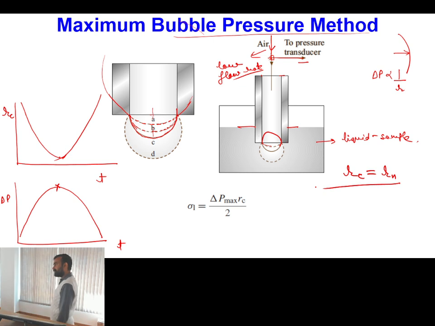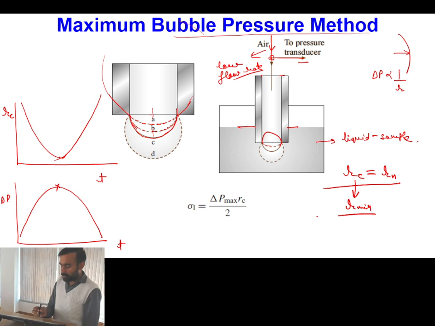Is this point clear? When the radius of curvature of the bubble is equal to the radius of the needle, the pressure will be highest, and this will be the minimum radius of curvature. After this point, the radius of curvature will again keep on increasing and the value of pressure will decrease.